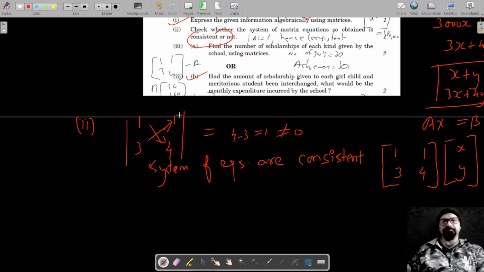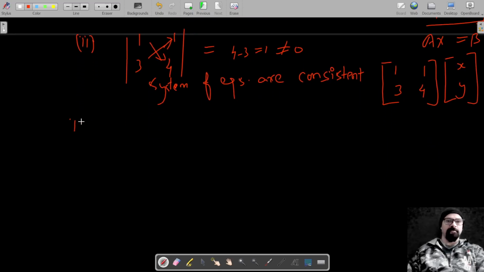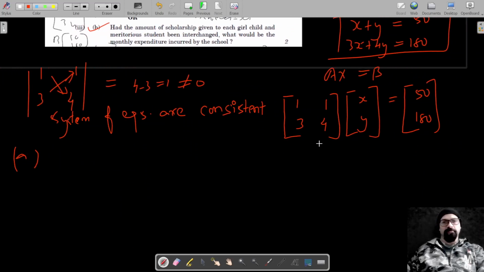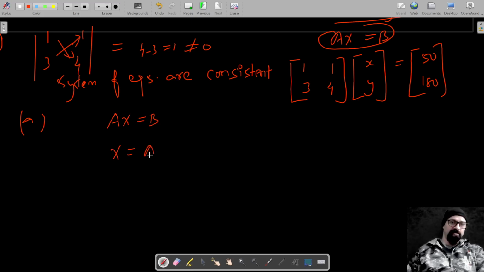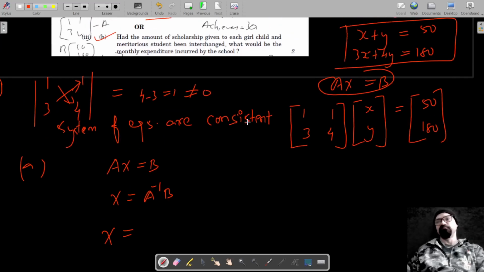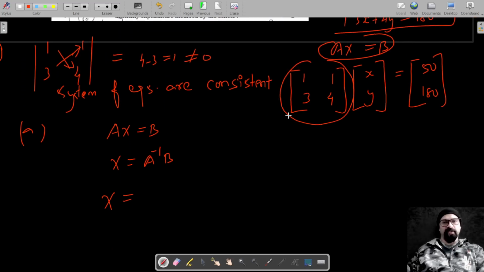Okay, next is to find the number of scholarships of each kind given by the school. That is, we have to find the values of x and y. So for question number three, part A, we have to solve this. Our system of equations was AX is equal to B, and to get X, this is equal to A inverse into B. Now to get the A inverse of a second order matrix is easy.